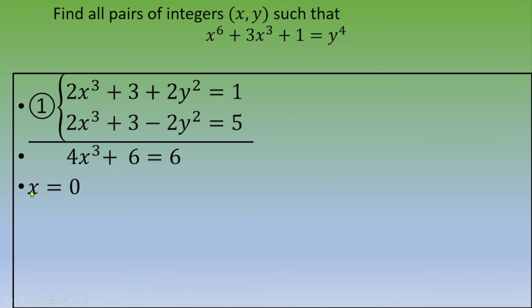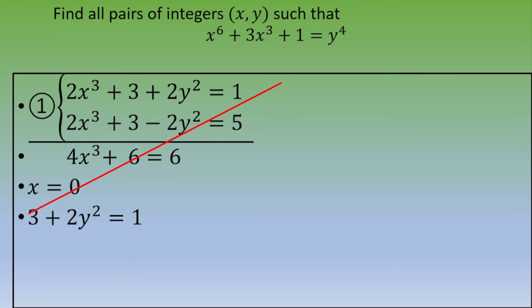This is x equals 0. And then if you plug x equals 0 into one of these two equations, you got 3 plus 2y squared equals 1. And this is not possible because y is an integer, so there is no integer such that 3 plus 2y squared equals 1. So no solution.